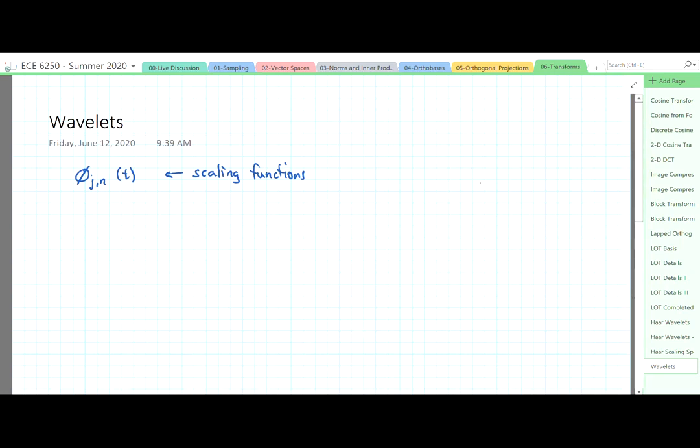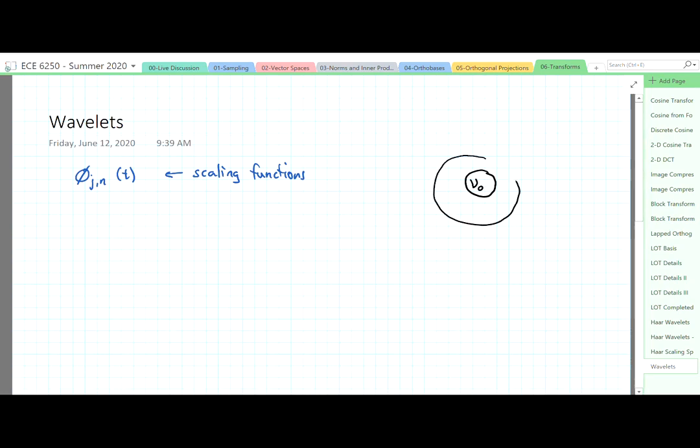So we have some very limited set of signals, V0, that we can approximate using φ_{0,n}.